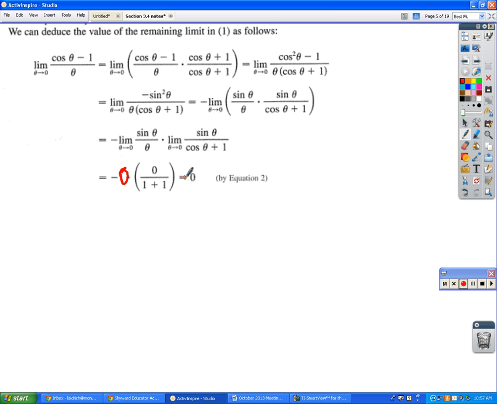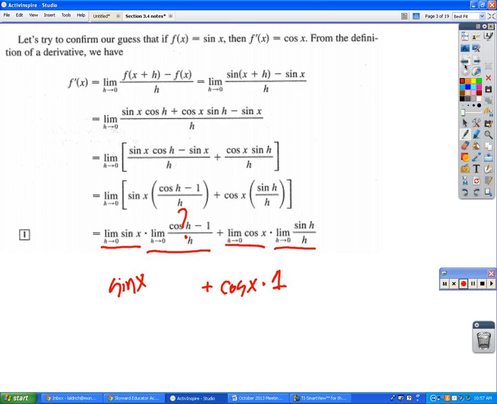The sine of 0 is 0, the cosine of 0 is 1, so if you go -1 times 0 over 2, you get 0. And so that means this right here is times 0. So sine of x times 0 cancels. Cosine of x times 1 is cosine of x. And so there is the mathematical proof of why the derivative of sine is cosine.